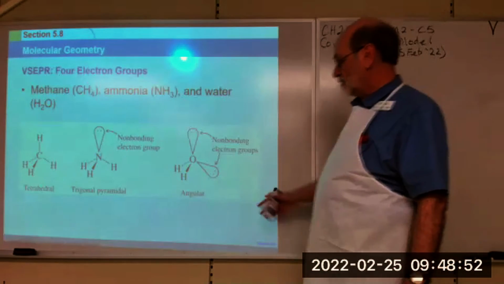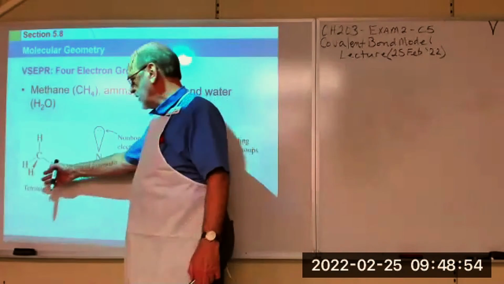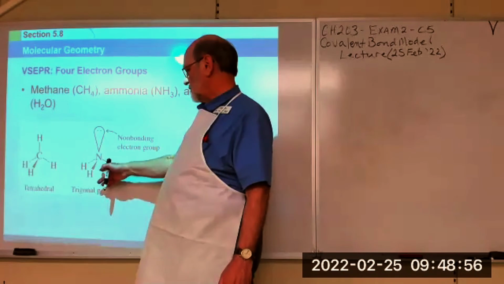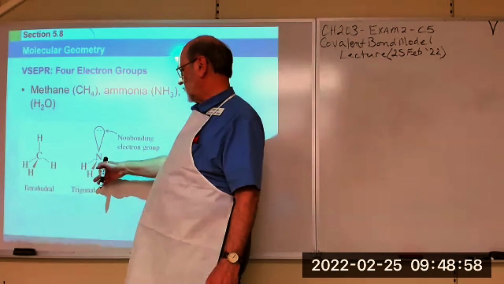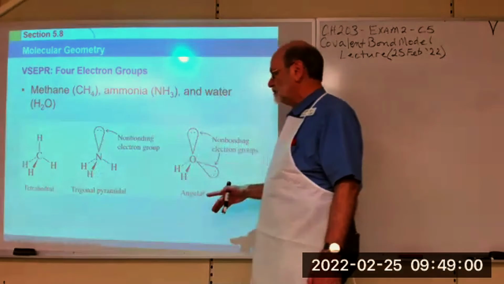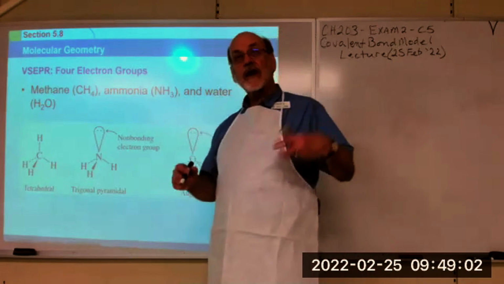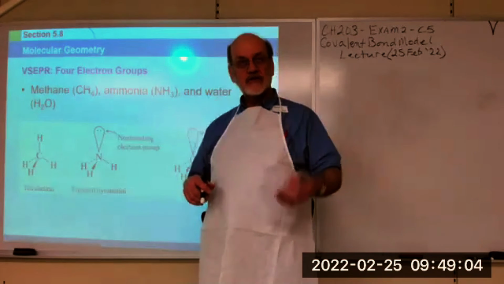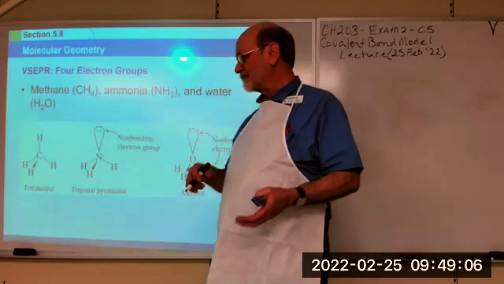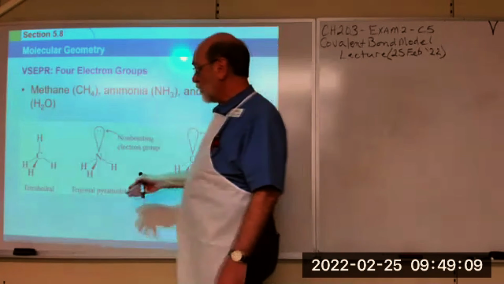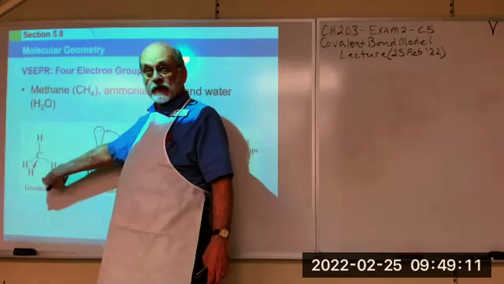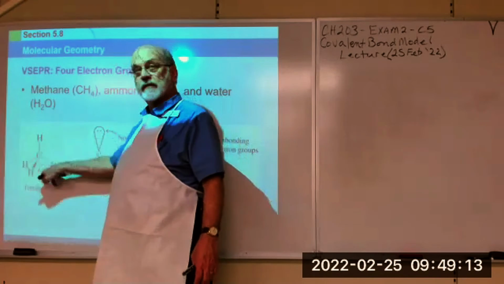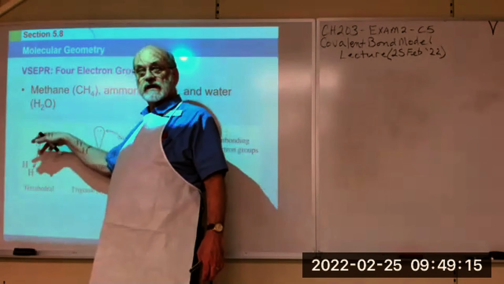If you have four, like these examples, methane, ammonia, water, their electronic geometry is tetrahedral. Then for this one, the molecular geometry is also tetrahedral because there's an atom at each one of those apexes of the tetrahedron.